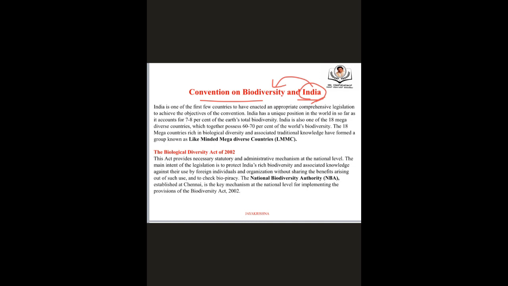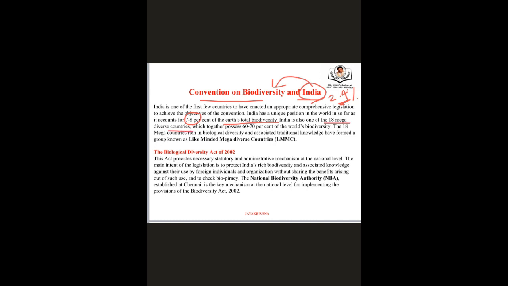Though the geographical region is very small, it occupies just 2.4% of the world's geographical region, it holds 7 to 8% of the Earth's total biodiversity, and India is one of the largest mega diverse countries.